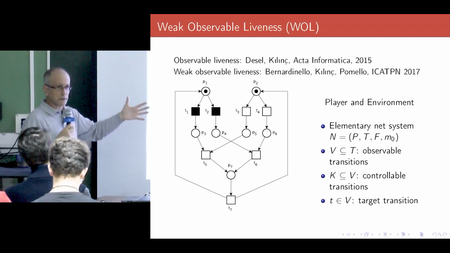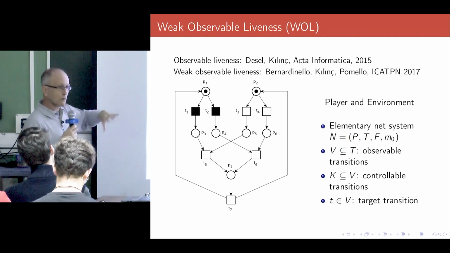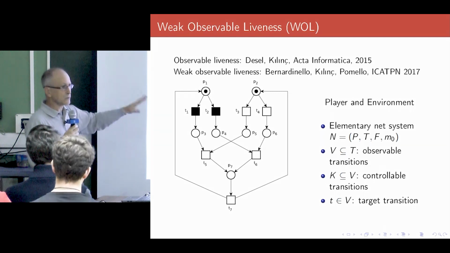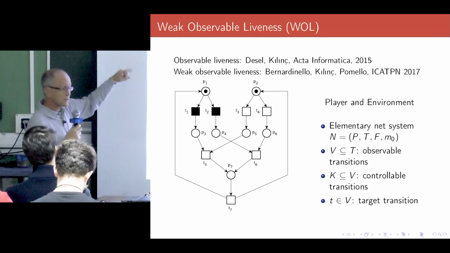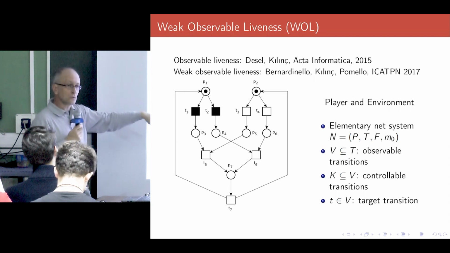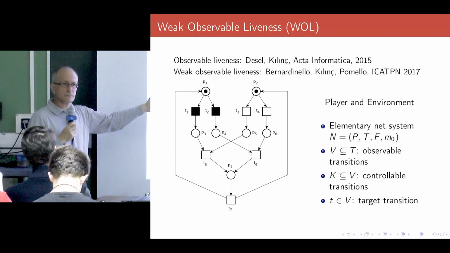But this must be guaranteed. So the player must be able to control the evolution of the system so that he is sure that sooner or later this transition will fire. And since the system is cyclic and can always return to the initial state, we want to be able to make this transition occur infinitely often.